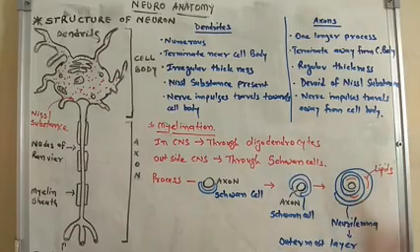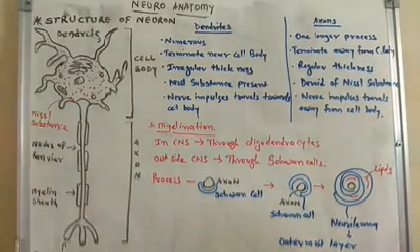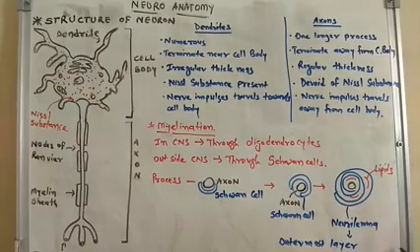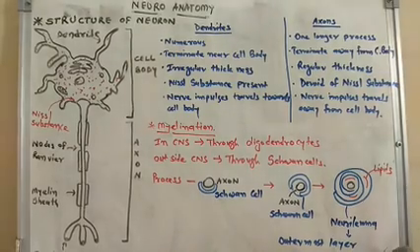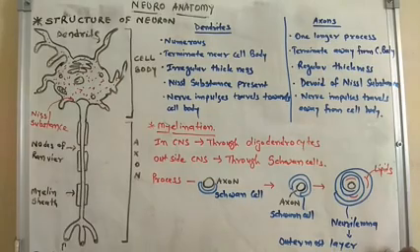Then the Schwann cells turn around the axons and form the layers. In this process, the lipids also participate, and with the help of the Schwann cells and the lipids, the myelination process is completed.